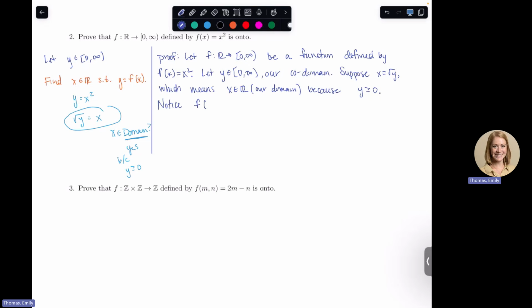Notice f of x is equal to f of the square root of y, which is equal to the square root of y squared, which is y. Since we found x in R such that f of x equals y, we have shown f is onto, or surjective.